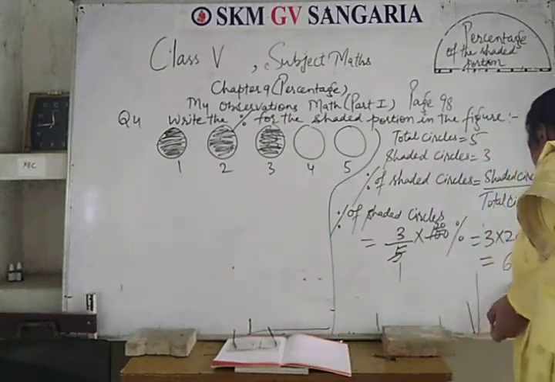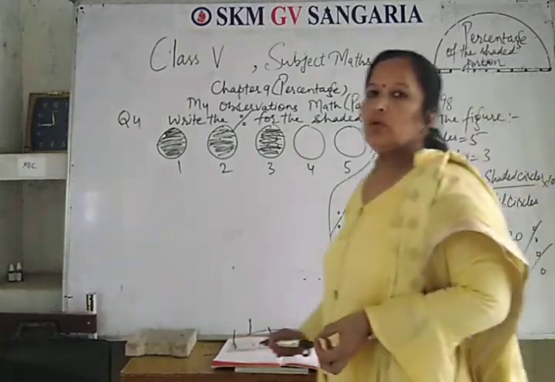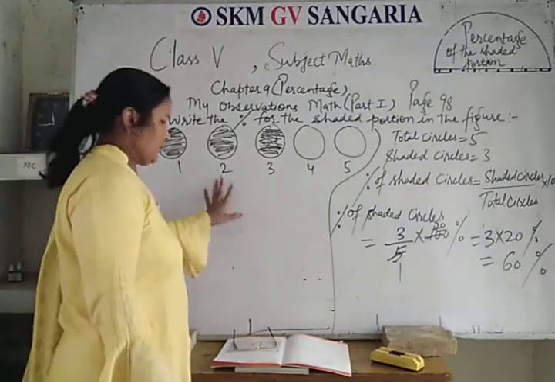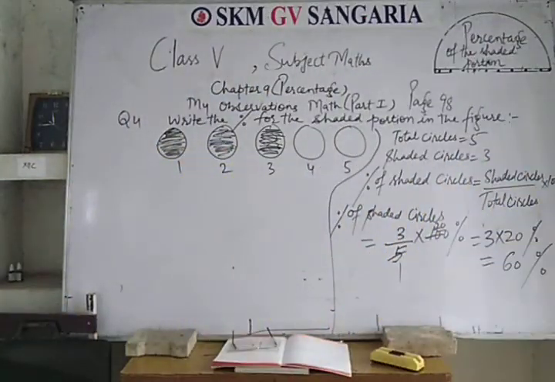So 60% of the circles are shaded in this given figure. Please note down till then, and do it carefully.